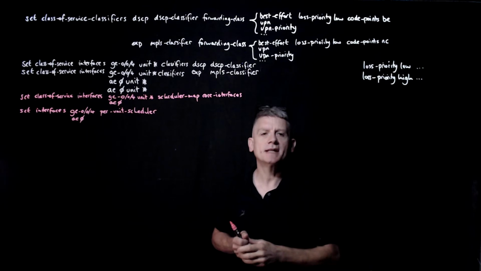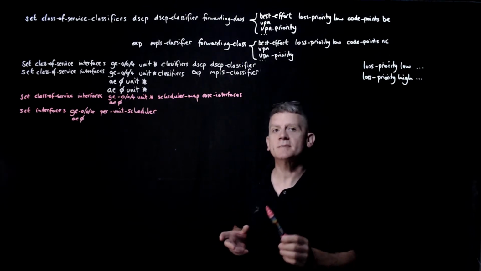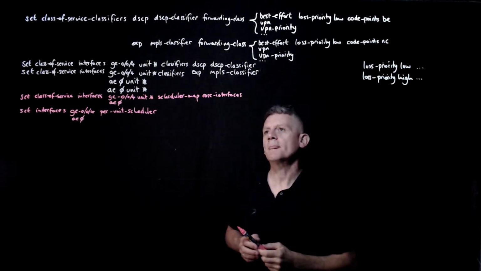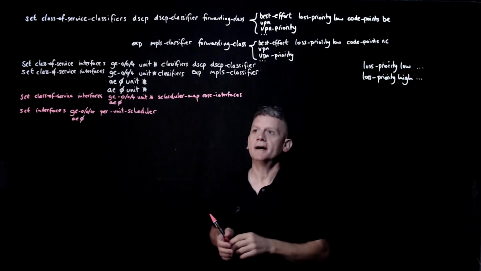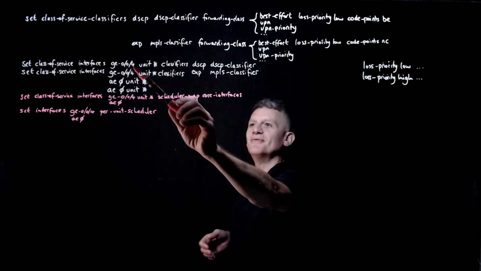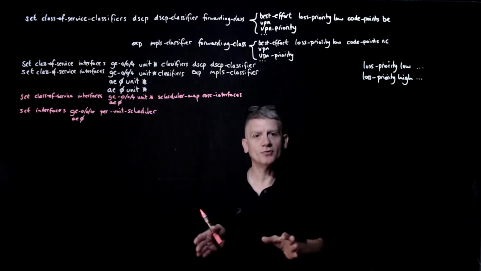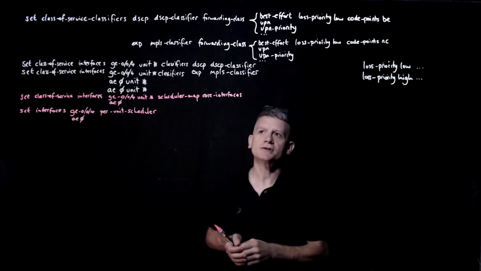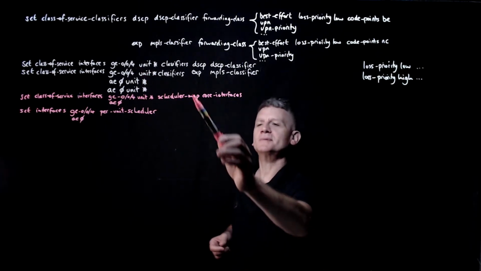Then what we need to do with the classifier is attach it to the core interfaces. We're going to do that in a very similar way to the way that we did the scheduler here in the ping. Now, in our particular examples, Gigabit Ethernet 004 actually is pretty much all of the WAN connections between all of the routers because of the way that they've been physically built. So this isn't just one connection, it's multiple.